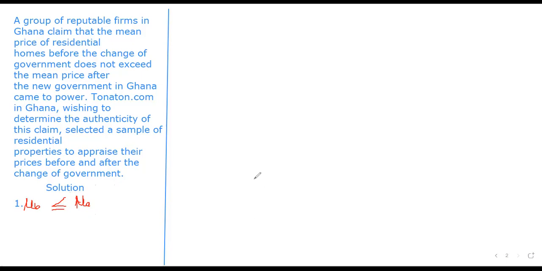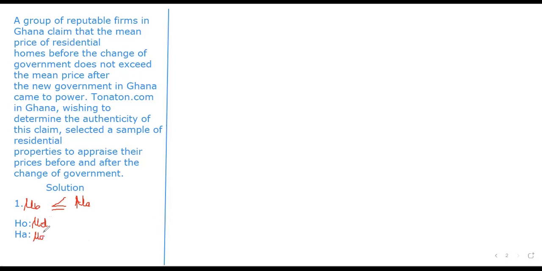After identifying the sign, you move on to formulate your H0 and H A. The H0 is such that, and always it's mu d, the population mean difference.